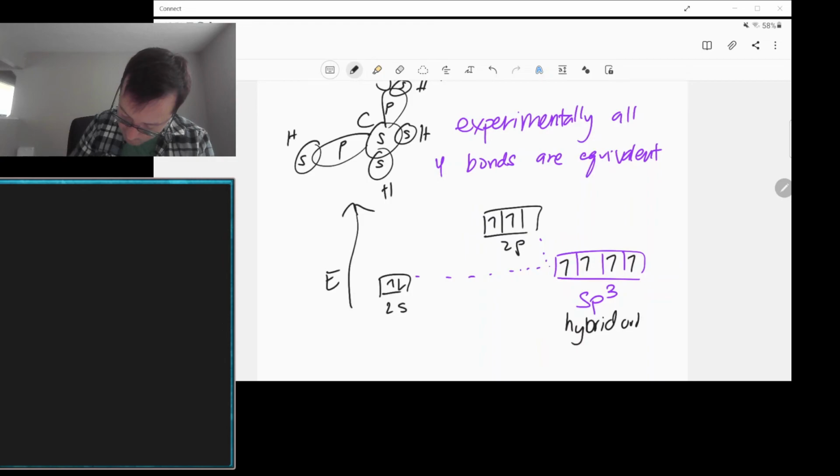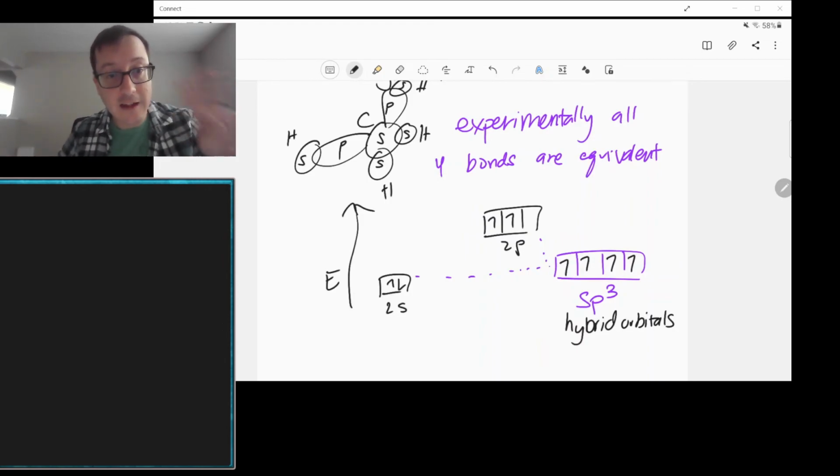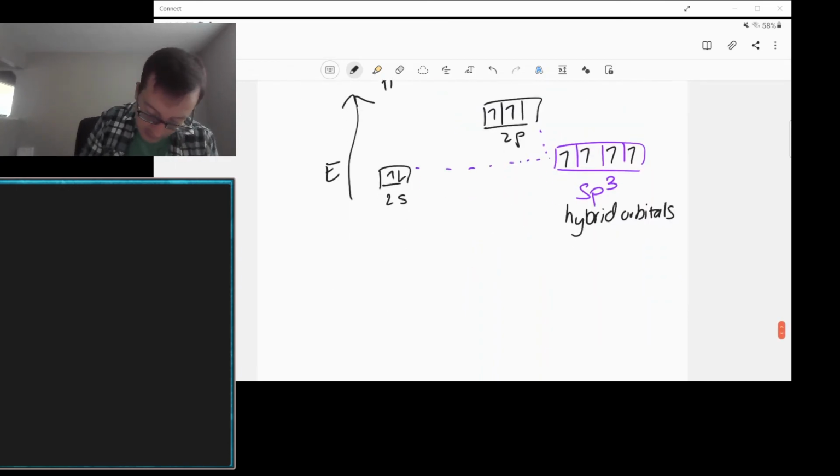And so now we have 4 electrons that are all equal in energy to each other. And now we can make it so that these bonds are equivalent because they're all using the same orbitals now. And sp3 orbitals look like this.